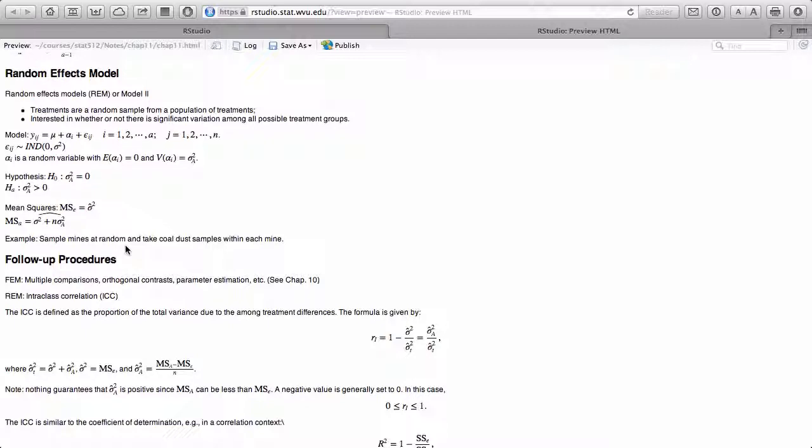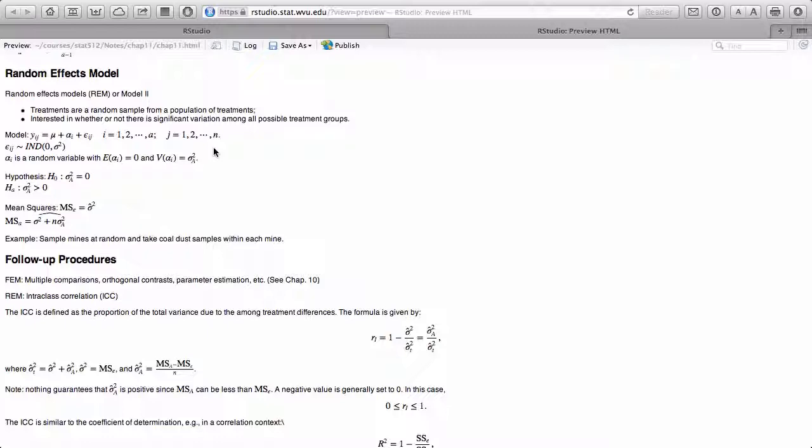Let me just say that I've treated this as if all the sample sizes are the same. That doesn't have to be true for either of these models. If it's not true, in other words, if j goes from 1 up to n sub i, so n depends upon the ith group, then you get a slightly different expected mean square for what I've called MS sub A, the among mean square.